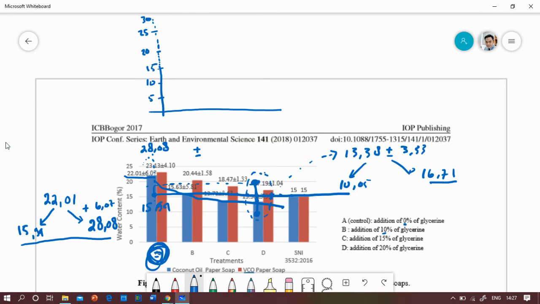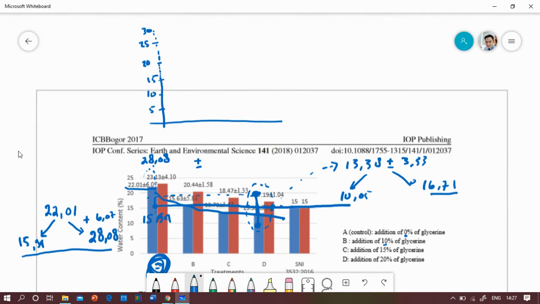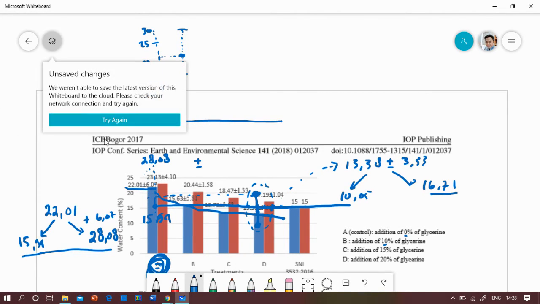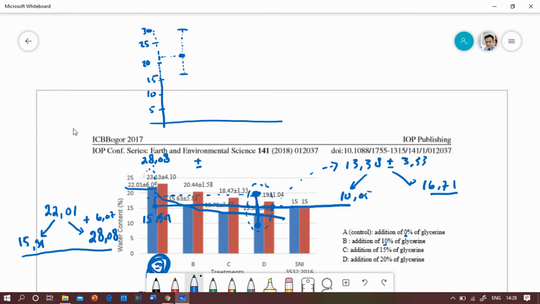Now, the first value is 22. 22 is around here, for example, but the error bar can be until 28, meaning here. And then the lowest part will be 15.9, probably here. But the lowest point, let's say the lowest point is 13.38. So 13 probably maybe here.